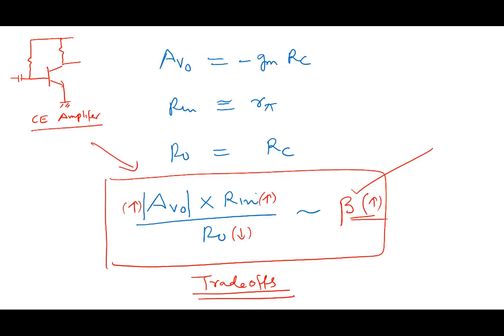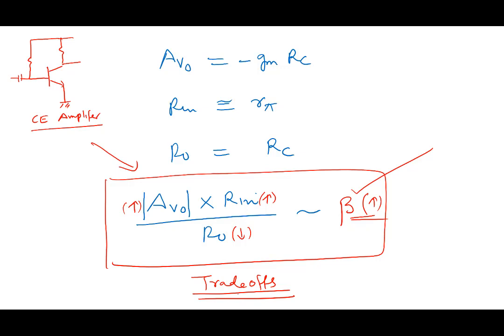If you try to increase the gain, either you will lose Rn or you will lose R0, because the right hand side is a constant.